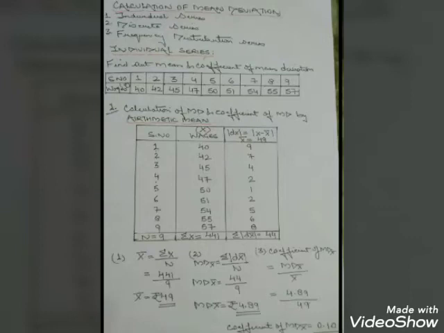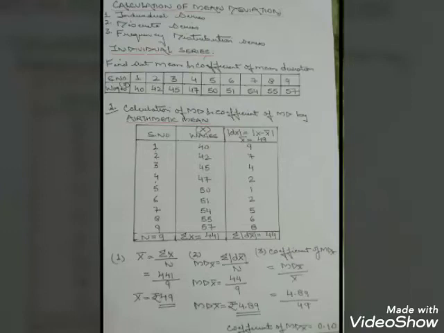Wages, that is X, as it has been given: 40, 42, 45, 47, 50, 51, 54, 55 and 57. Now comes dx. Now we need to find this. To find this, you people have already done how to calculate arithmetic mean.